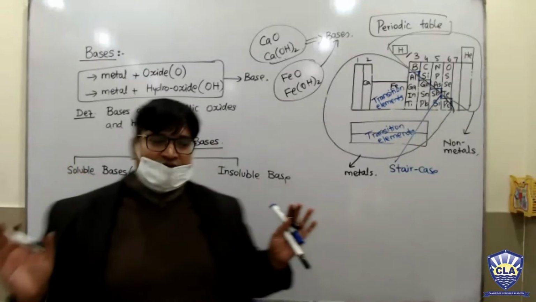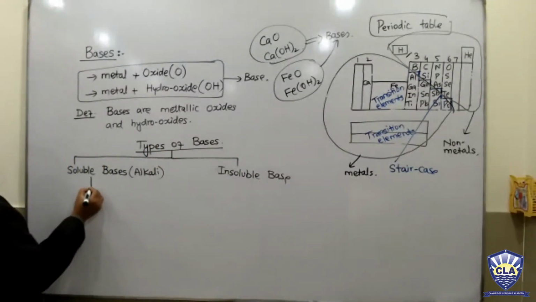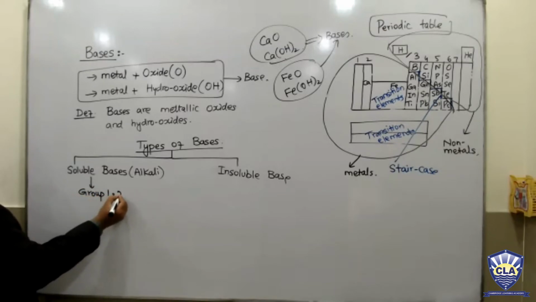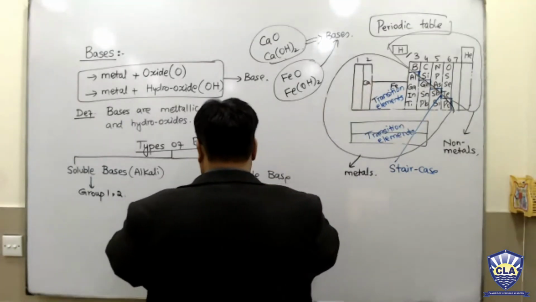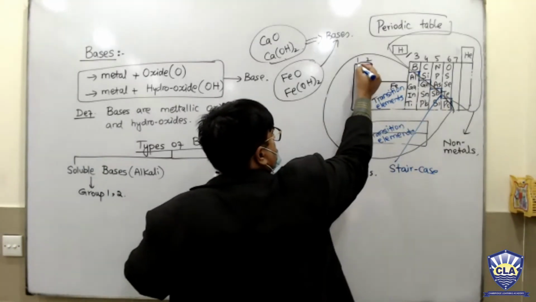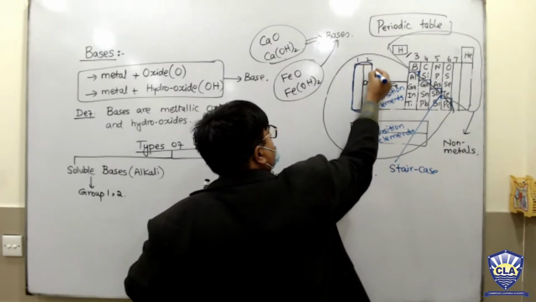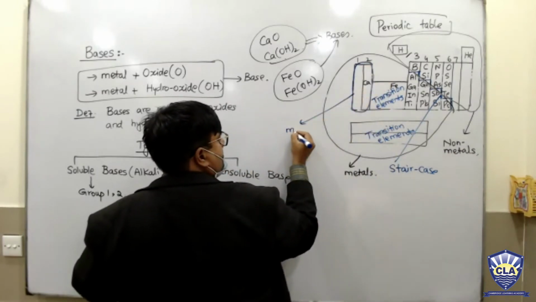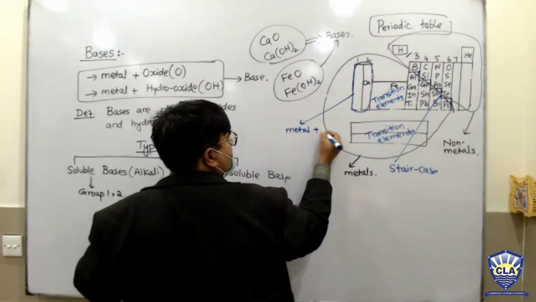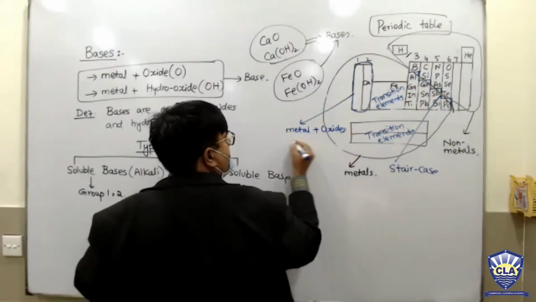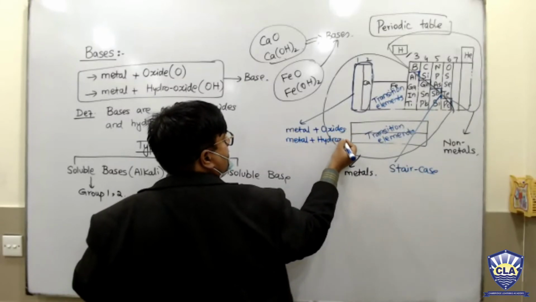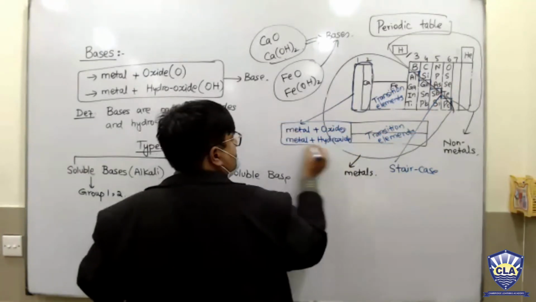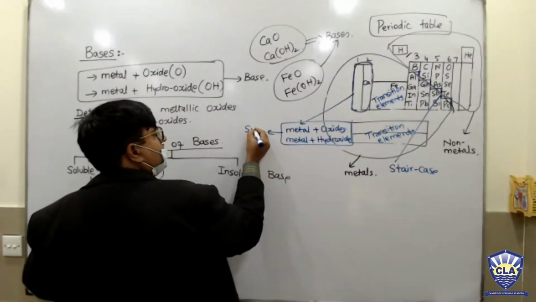So this is very simple. Keep remembering, only group 1 and group 2 metals' oxides and metal hydroxides are soluble in water.